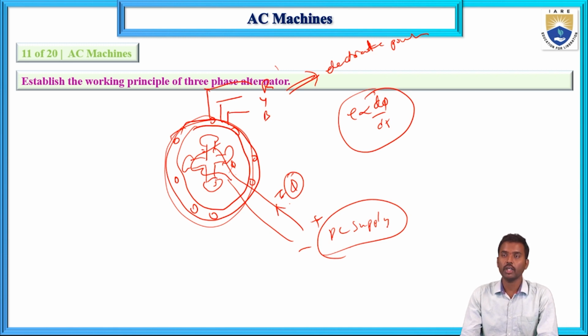What do you mean by dynamically induced EMF? There must be relative motion between conductor and magnetic field. Here the conductor is stationary and the flux is moving, so there is relative motion between them. The flux cuts the conductor and induced EMF is developed in the armature conductor, according to Faraday's law, E is directly proportional to dφ/dt.